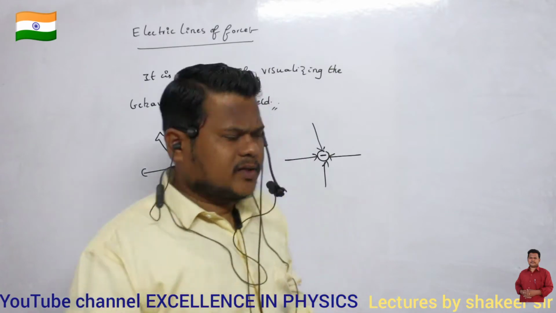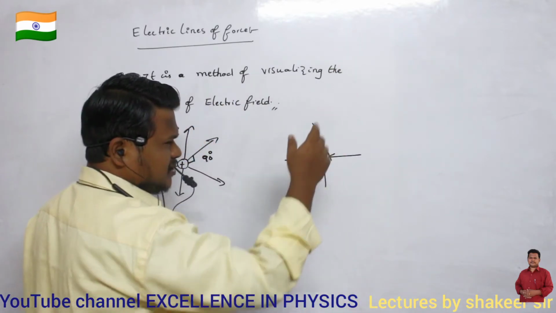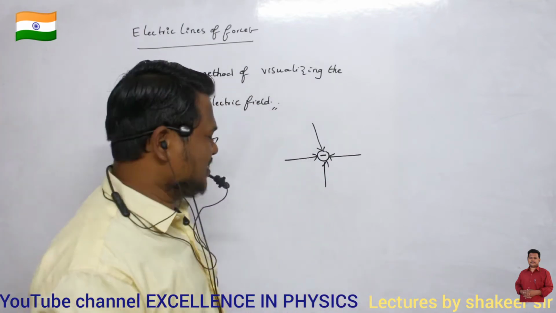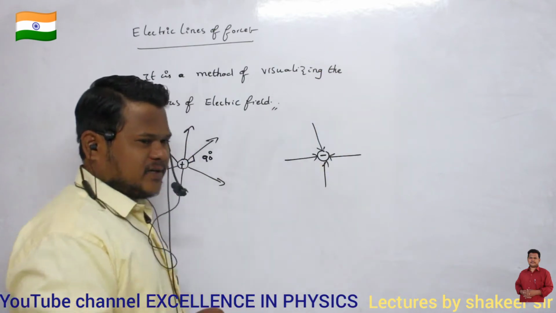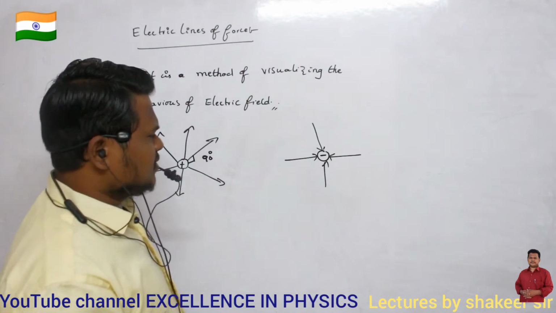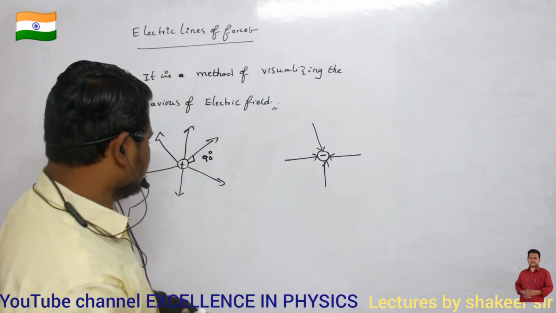If they are ending on the negative charge, it means they should have started from somewhere, no? From where have they started? They have started from infinity. So, they are ending on the negative charge, but they have started from infinity. This is how we assume the existence of electric lines of force on positive charge and negative charge.